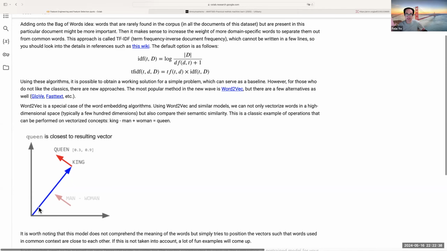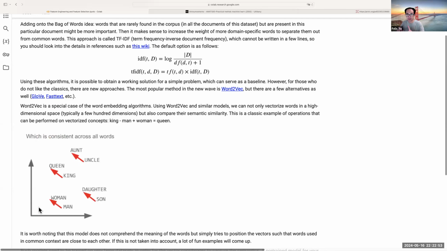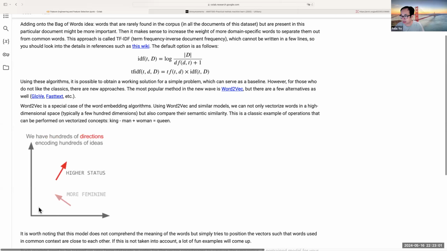This is a very classical example of these operations on vectorized words. If we can vectorize words, we can use semantic similarity to compare these vectors, and do subtractions and additions on those vectors.